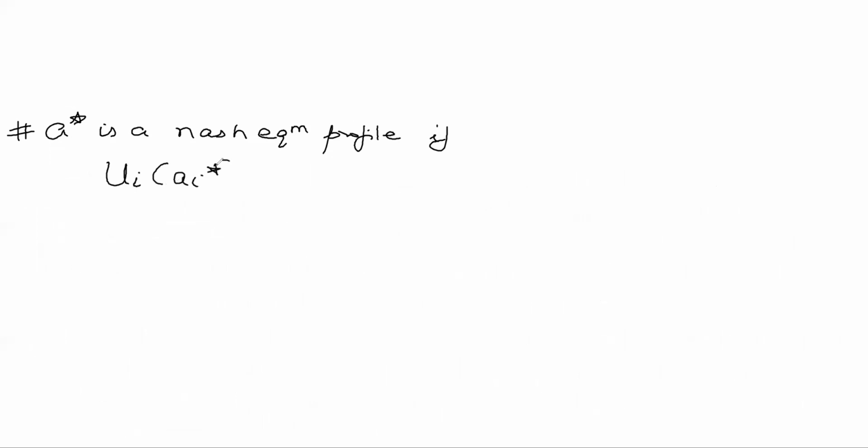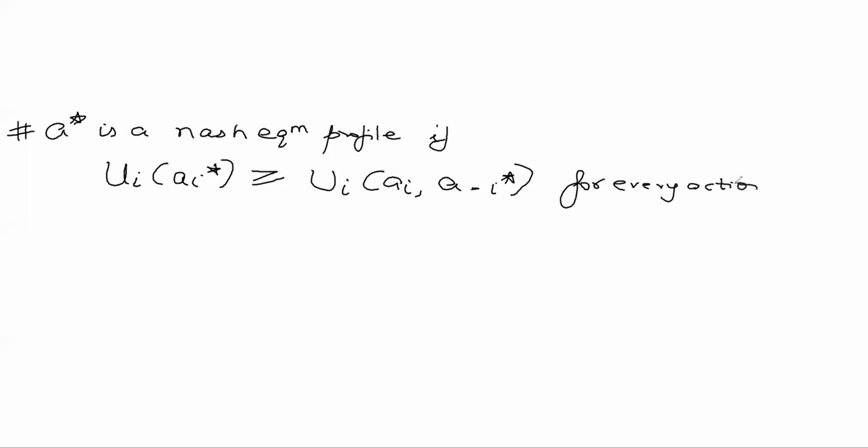This simply means that A star is a Nash equilibrium profile if the utility which player i gets from ai star is greater than or equal to the utility which player i gets from some other action ai when all the other players are playing a minus i star, for every action ai of player i.